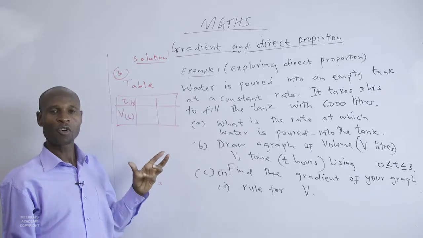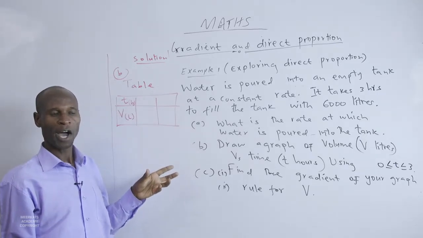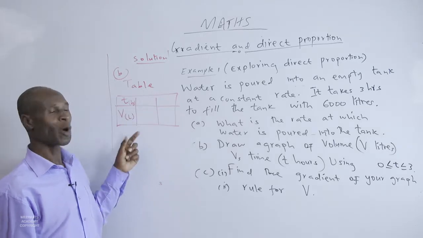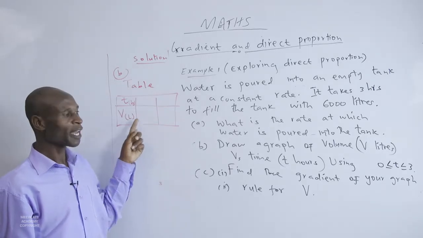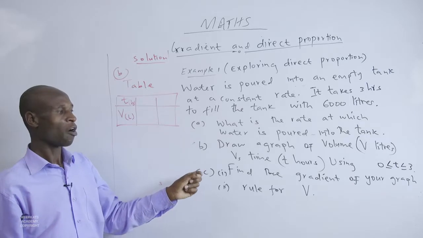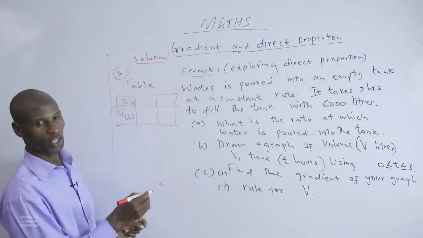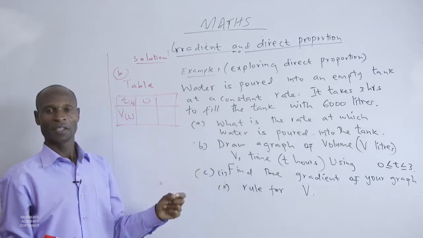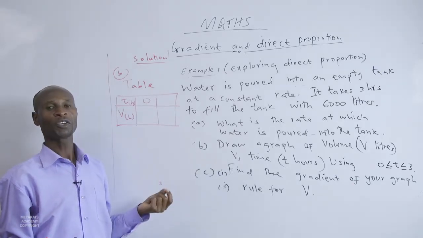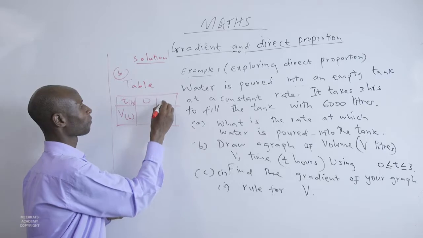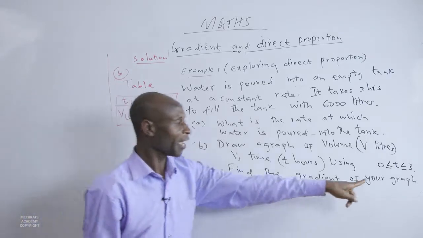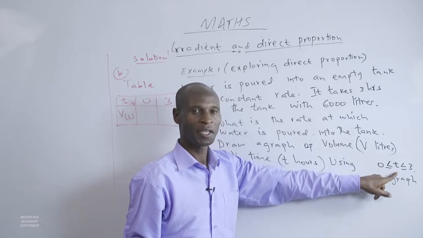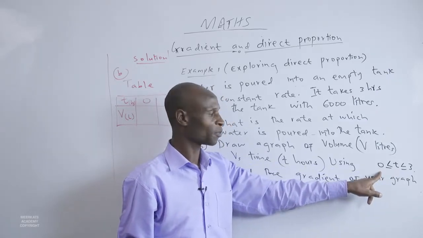So for us to draw a straight line, we only require 2 points. And that's why we shall only start with the first point of T, which is 0, then have the last point of T, which is 3. This sign means 0 is inclusive because T is greater than or equal to 0.